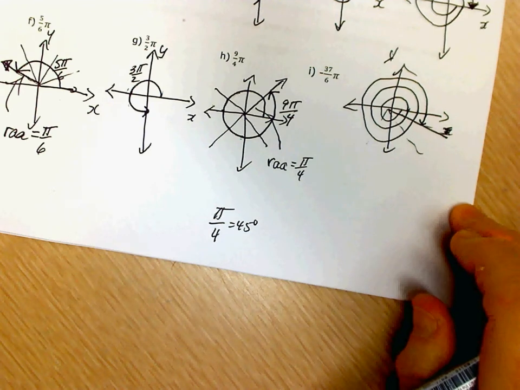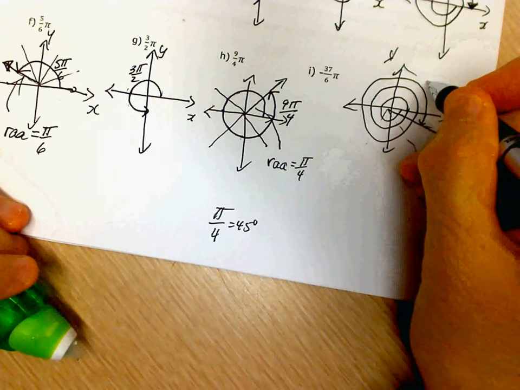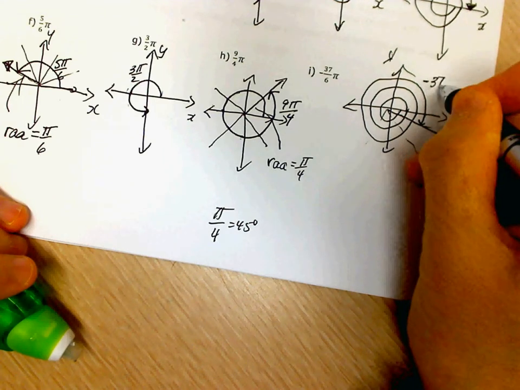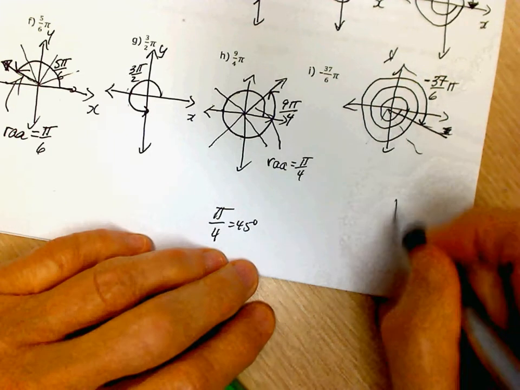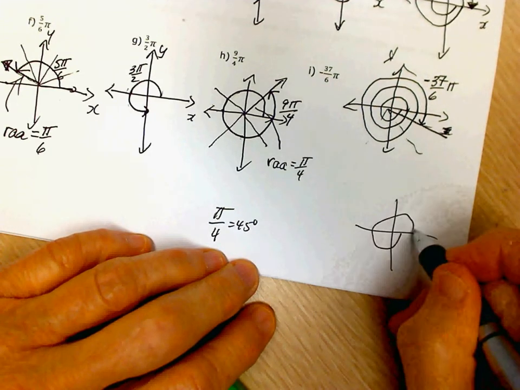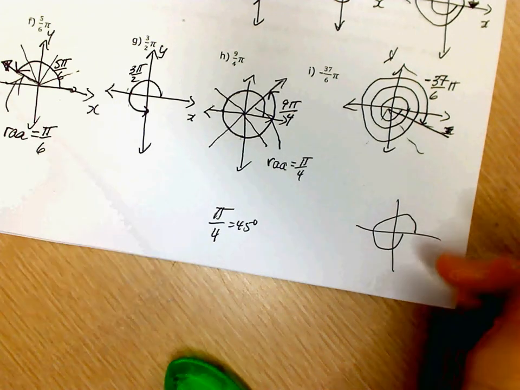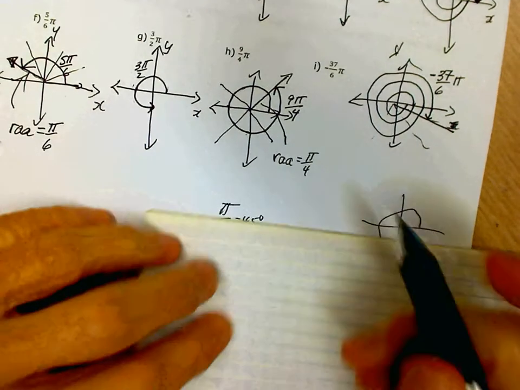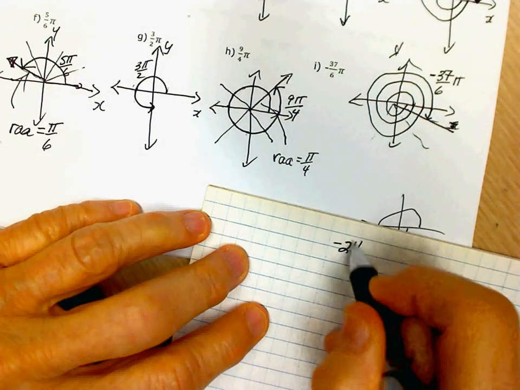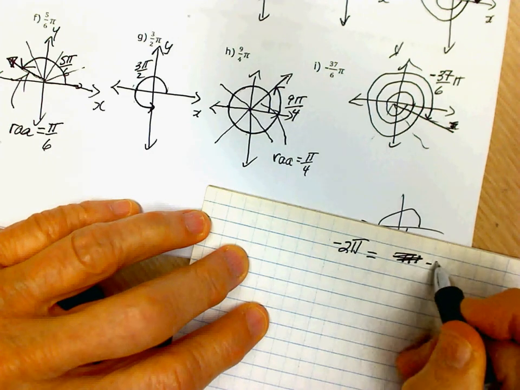Does anybody want me to do that one again? Always remember this is 2 pi, negative 2 pi, right? So if this is negative, that's the same as negative 2 pi is equal to negative 12 pi by 6, right? Agreed?